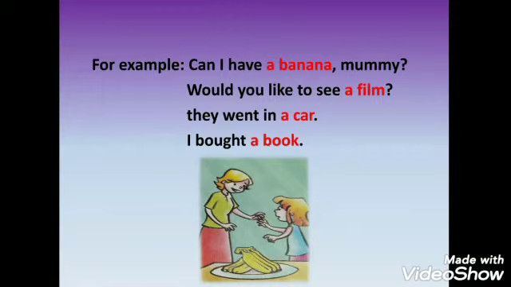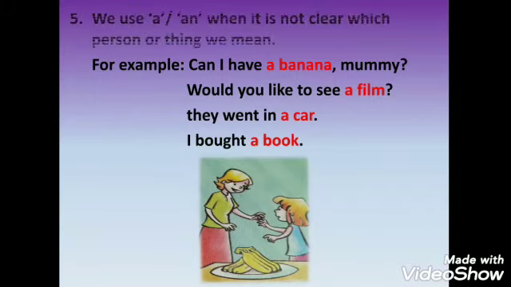We are not pointing out which banana, or we are not naming the film or car or book. That means we are not clear about which one. Therefore, we use a or an when it is not clear which person or thing we mean.